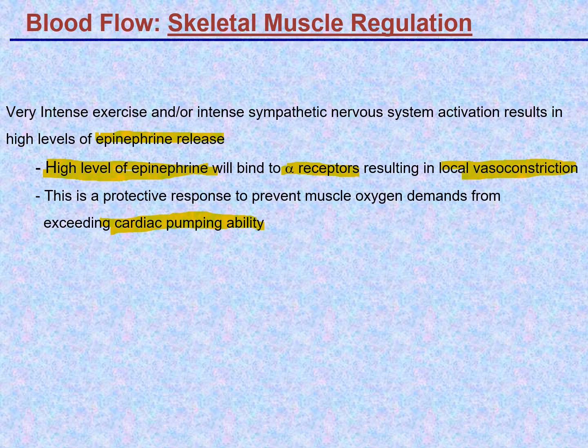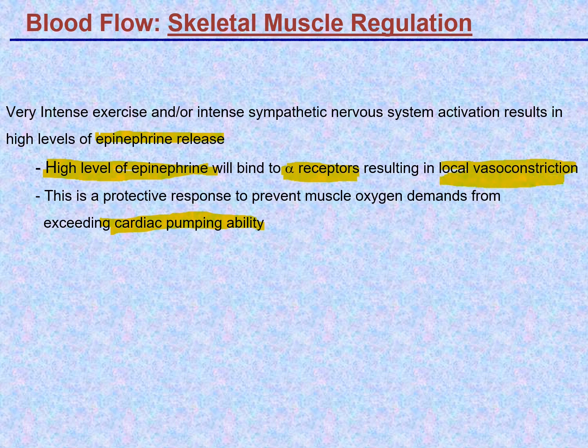So at lower levels, as soon as you start acting, you're releasing more and more epinephrine or adrenaline, and that will cause vasodilation. But if you're at a very intense, high level of activity, you start getting binding to these alpha receptors, and you start getting some vasoconstriction.